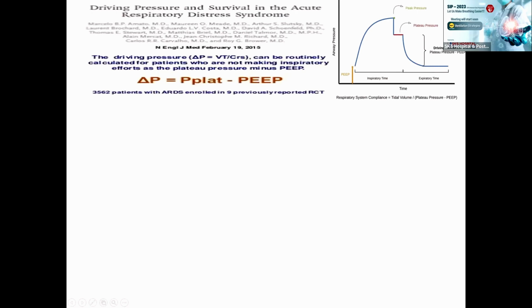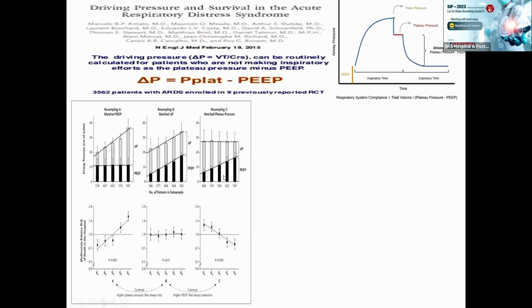What they found out is, this was not a prospective study. This was a study done in patients who were enrolled in other ARDS network studies previously. They took almost around 3,500 patients who were enrolled in the ARDS network studies, and they retrospectively collected data from those studies, and what they found out was very, very impressive.